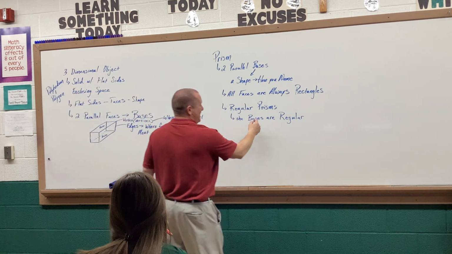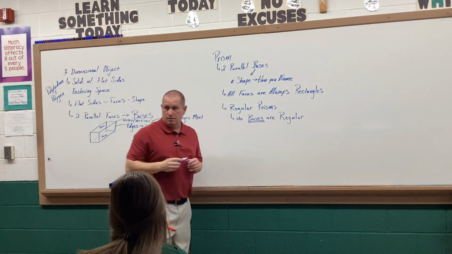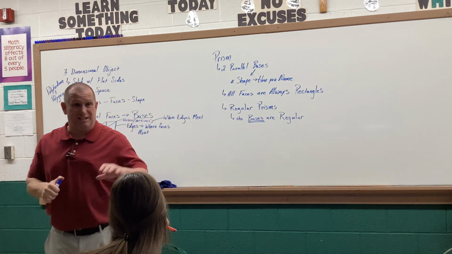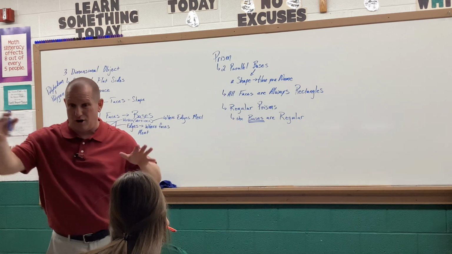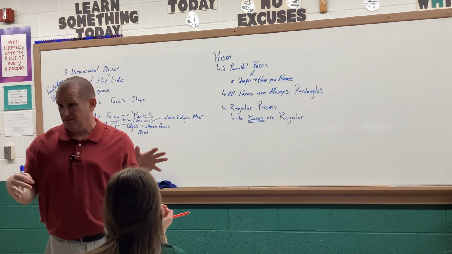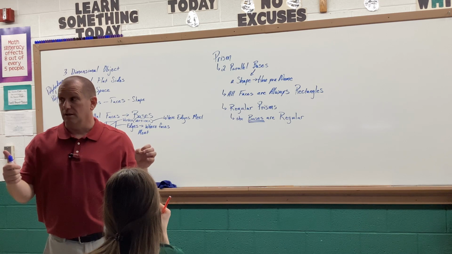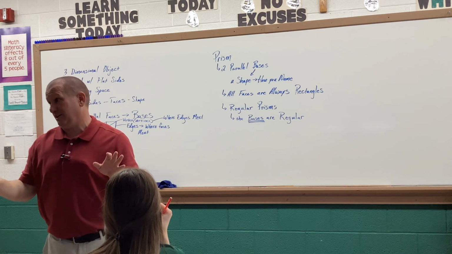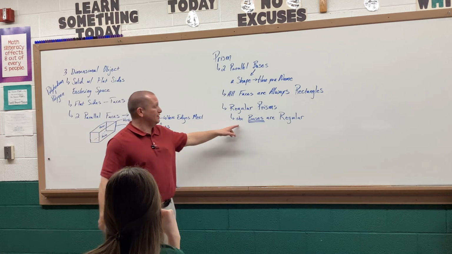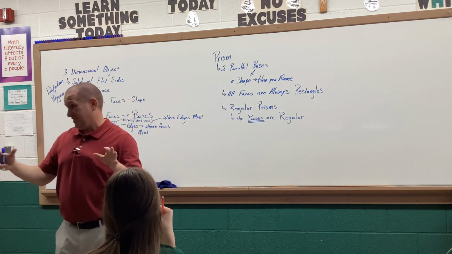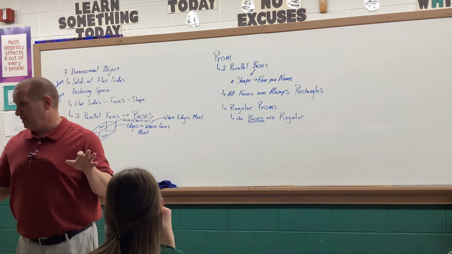The rectangles in between, we don't care how long or short they are compared to everything else. The bases have to always be congruent, but if it's a regular base, then they're exactly the same, meaning all of the sides are the same.